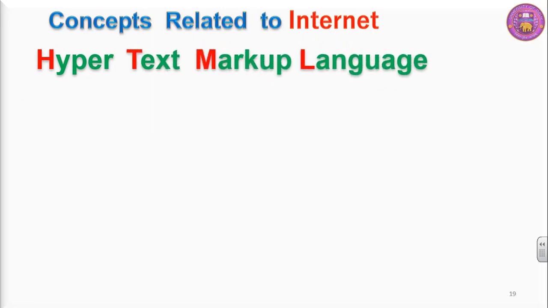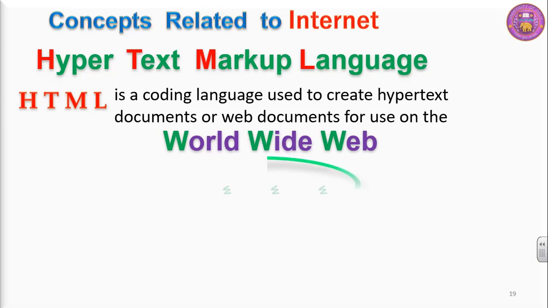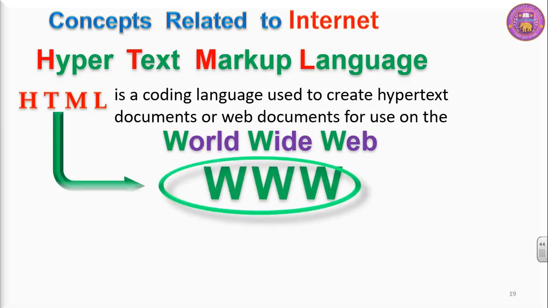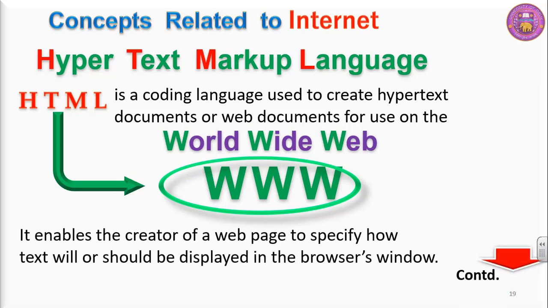Hypertext Markup Language, HTML. It is a coding language used to create hypertext document or web documents for use on the World Wide Web. It enables the creator of web page to specify how text will or should be displayed in the browser's window.